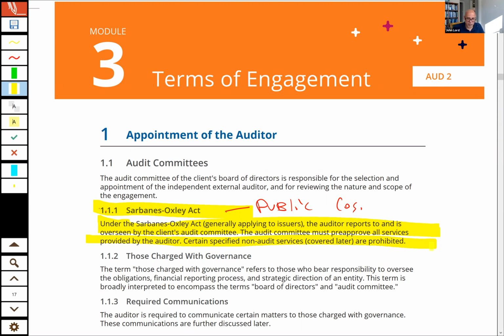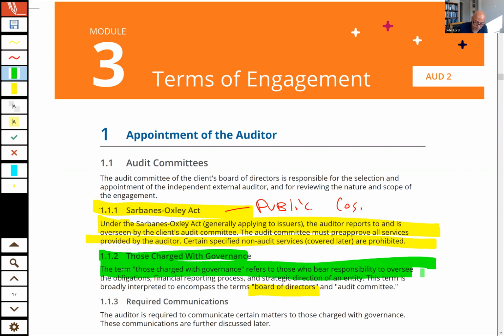Now, the audit committee is part of the board of directors, but we use a more general term here, those charged with governance. It is required that if you're auditing a public company, they have a board of directors. The board of directors contains various committees. There's an audit committee, and that audit committee is responsible for overseeing the conduct of the audit.